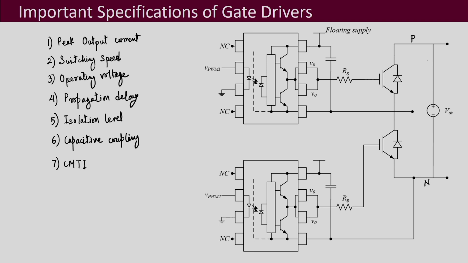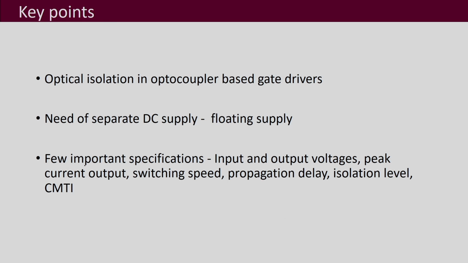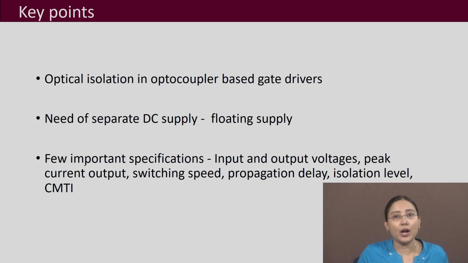So what are the key points of this lecture? Optical isolation is provided by your optocoupler based gate drivers. Next is that it needs a separate DC supply, and if you have floating emitters or floating sources in your power electronic circuit, then it will also need floating power supply ICs, but it needs separate DC power supplies.